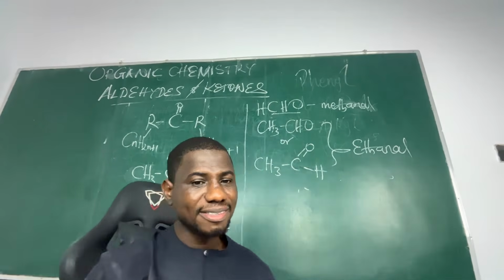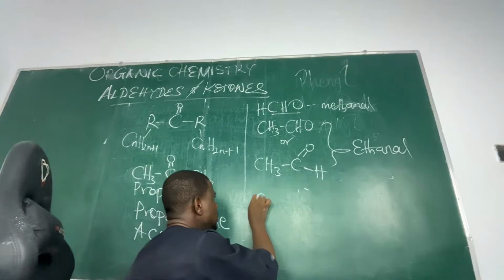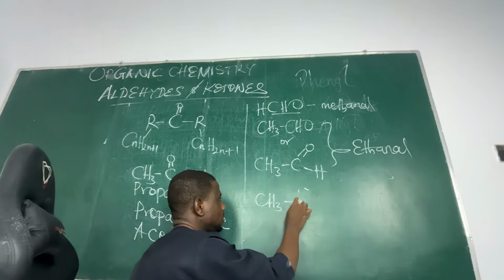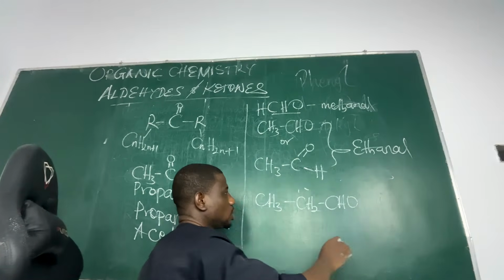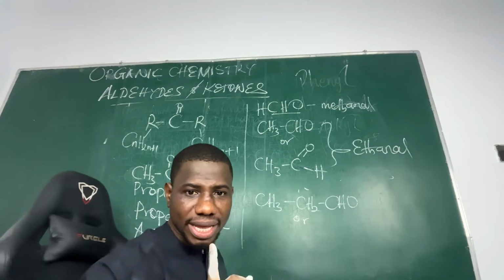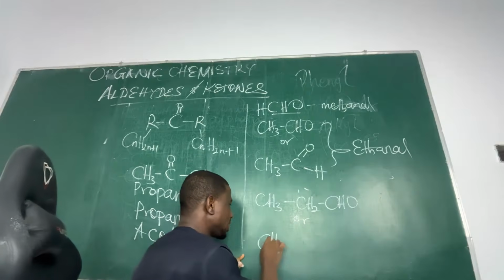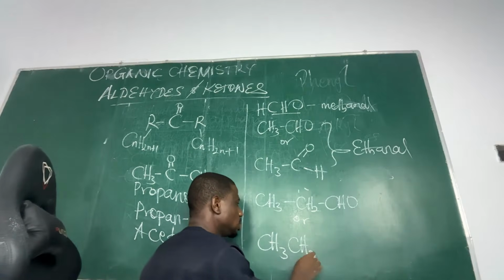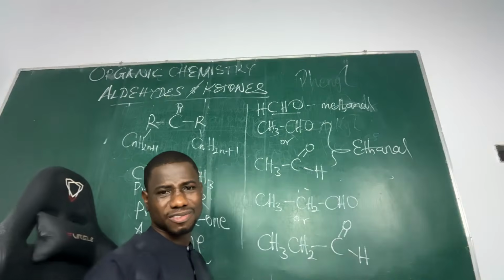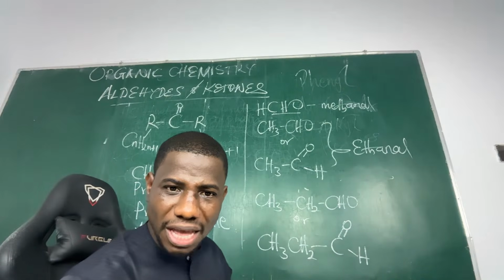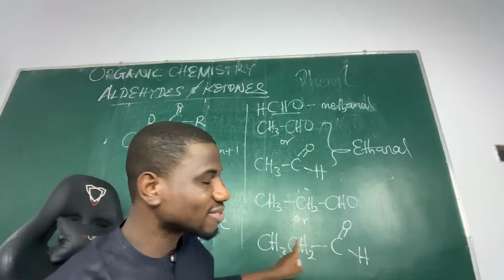So if we have CH3, CH2, and CHO, or it can be written this way: CH3, CH2, then the bond, double bond O and 1 hydrogen. Anyhow you see it, both are the same. Where do we count from? Should we start from here?